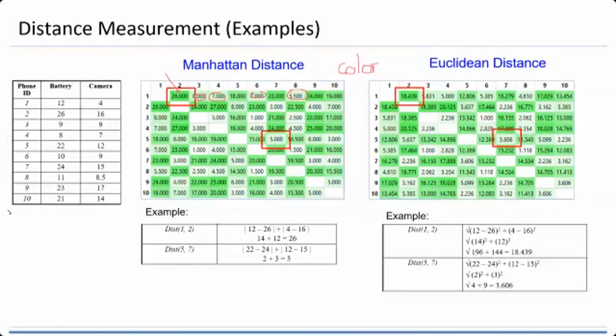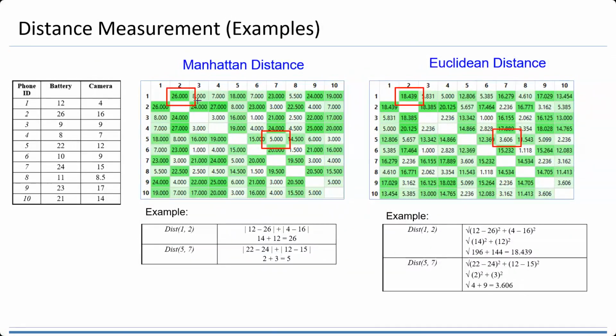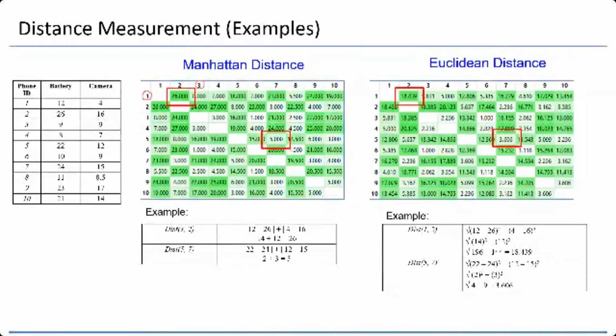So we can say from this distance, which one is similar with data number one. Data number one is similar to data number three, data number four, data number six, and data number eight.